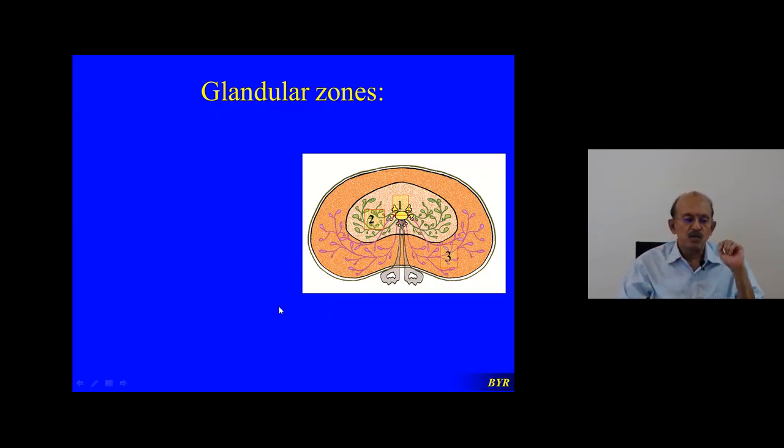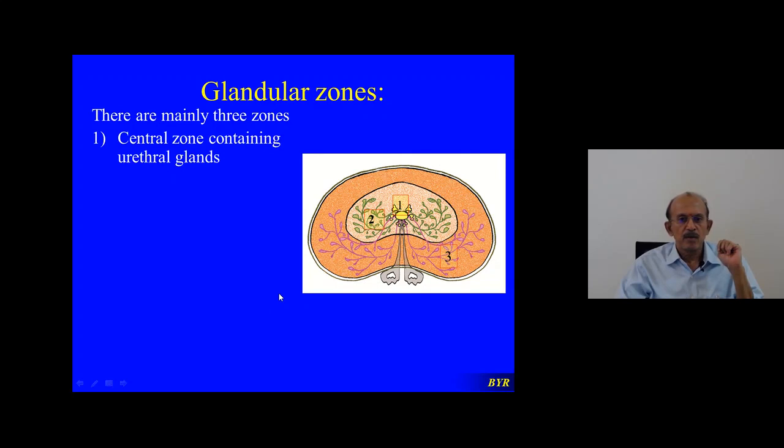Now the glandular zones. There are mainly 3 zones. Central zone containing urethral glands. This yellow colored one is the central one. This is the urethra, and around the urethra there are urethral glands.